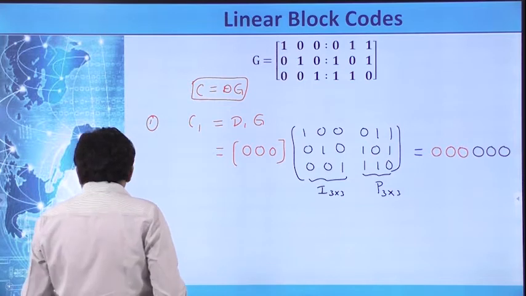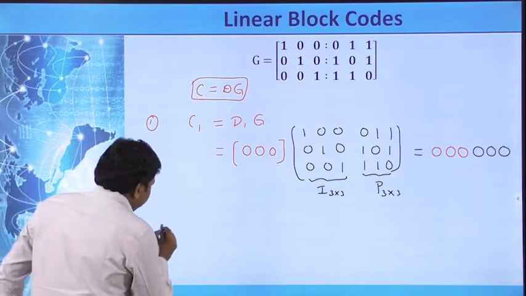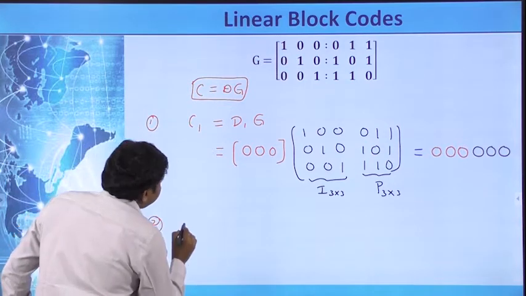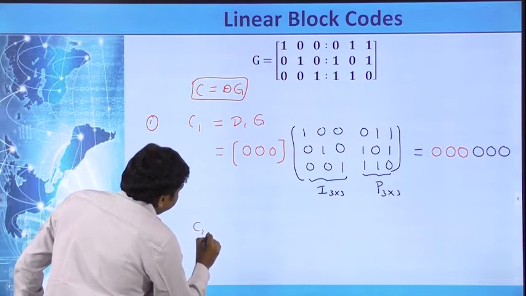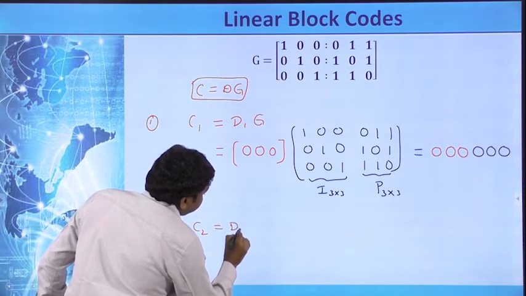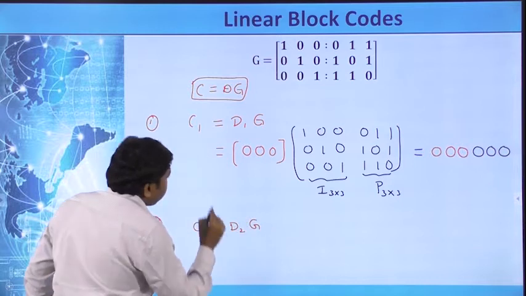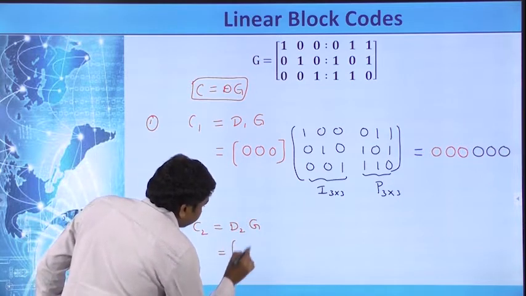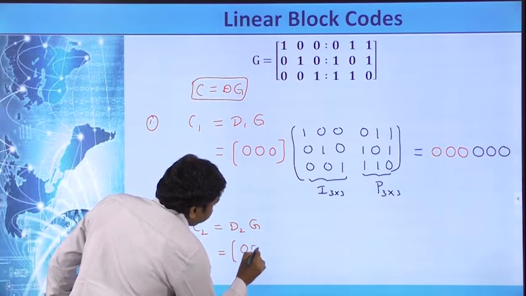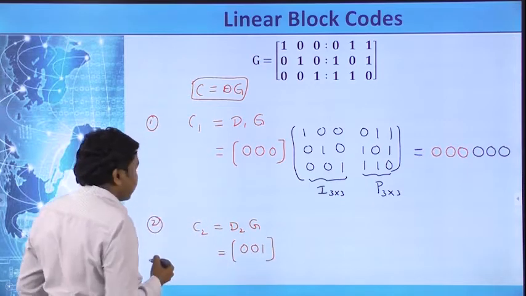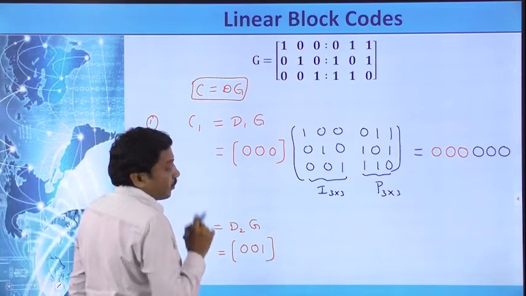Now the second code word, that is C2 equal to D2 into G. What is D2? The second message is 0 0 1.